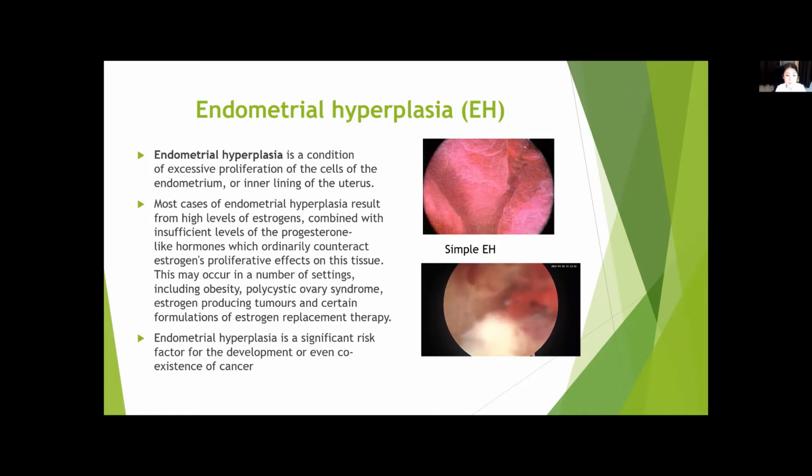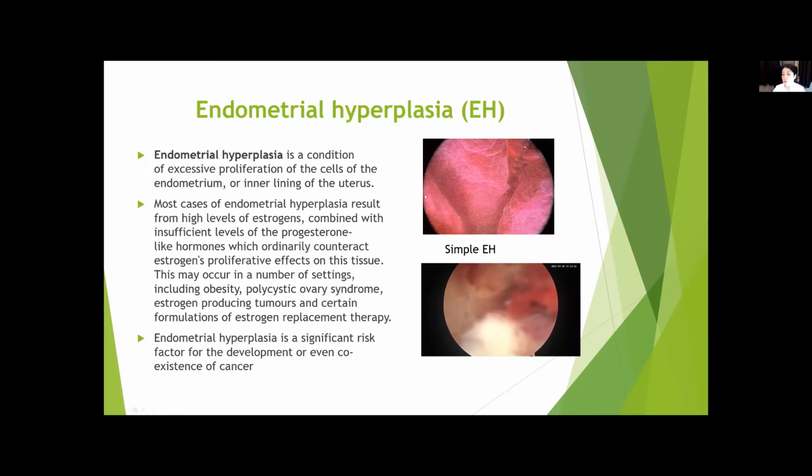It may occur in a number of settings, including obesity, polycystic ovary syndrome, estrogen-producing tumors, and certain formulations of estrogen replacement therapy. Endometrial hyperplasia is a significant risk factor for the development or even coexistence of cancer.